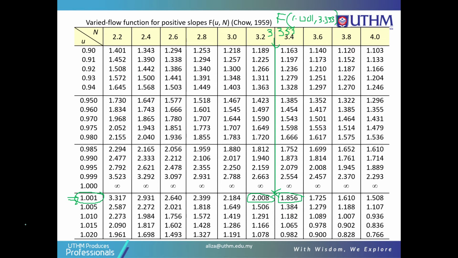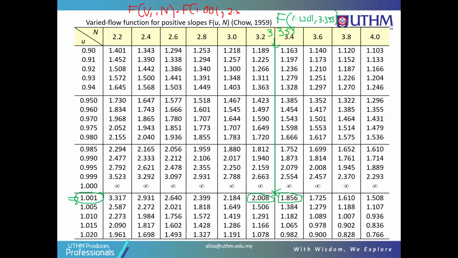Use also the same to get the F, V1 and N, that F 1.001 and 2.5.